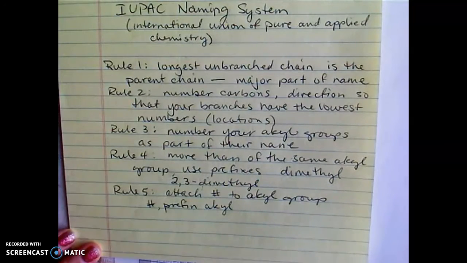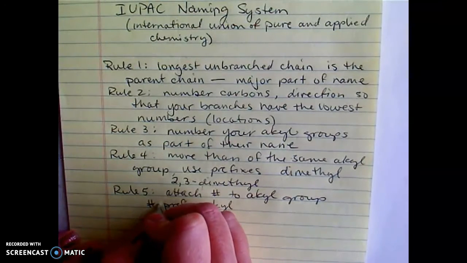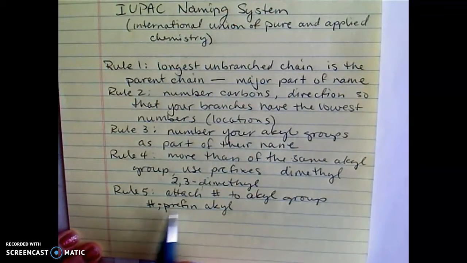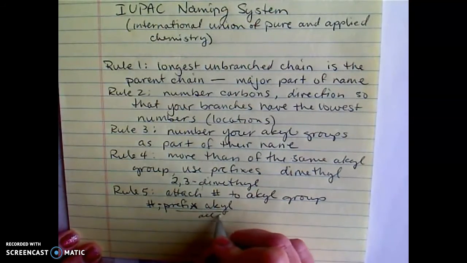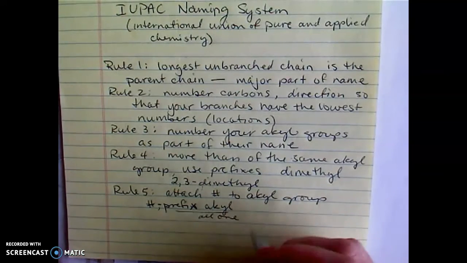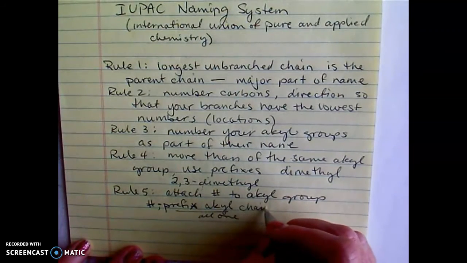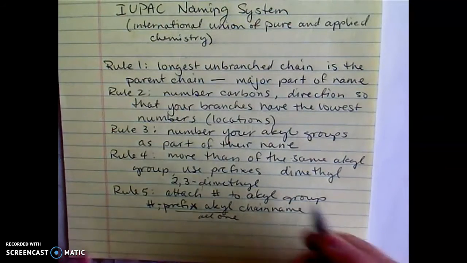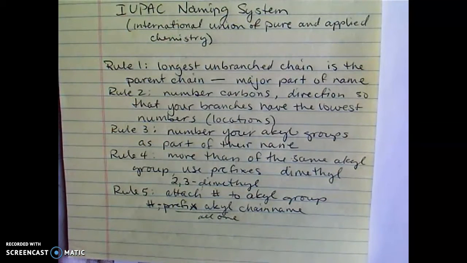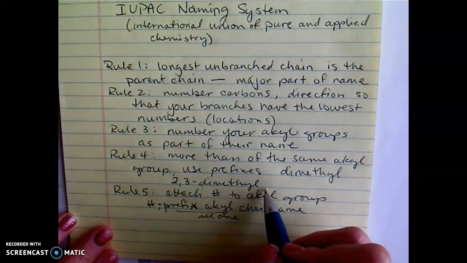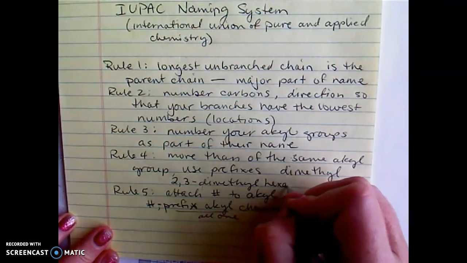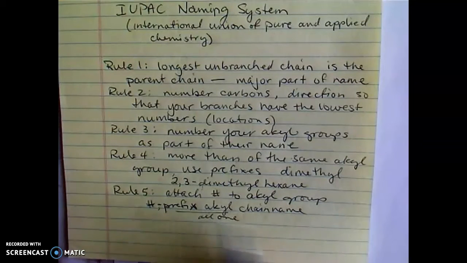Now when you do this, there's actually a dash here: a number, dash, prefix, and then the alkyl group. And this is all one name. And that will attach then to your chain name. Again, all one. So the 2,3-di, it could be 2,3-dimethylhexane, all together. So all one word. So that's kind of rule 5, putting it all together.